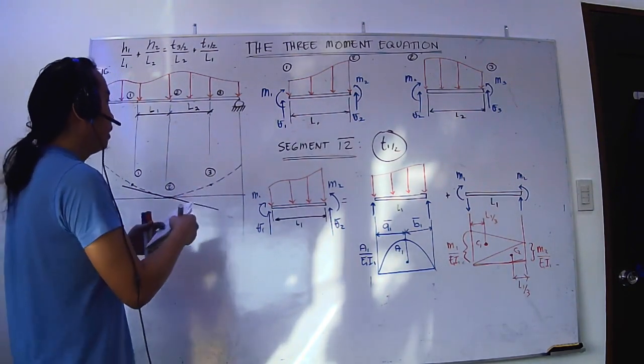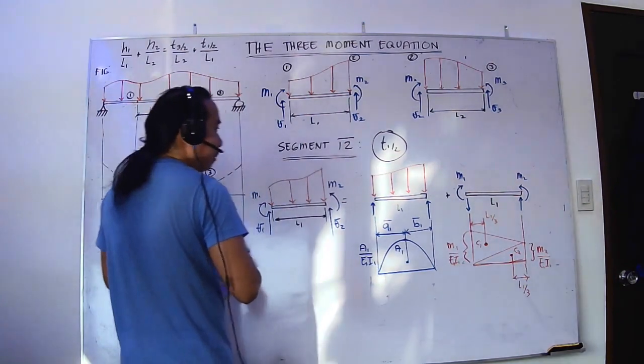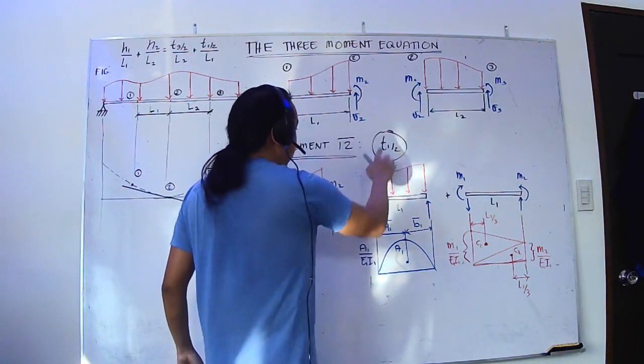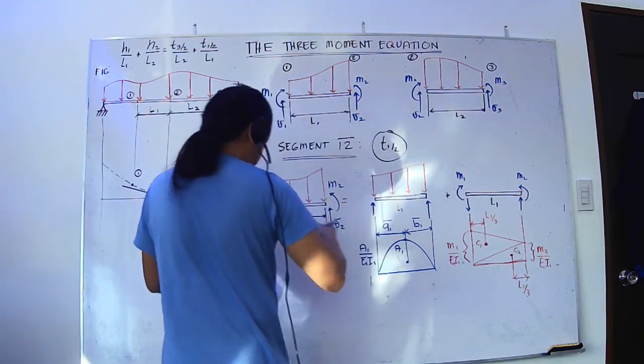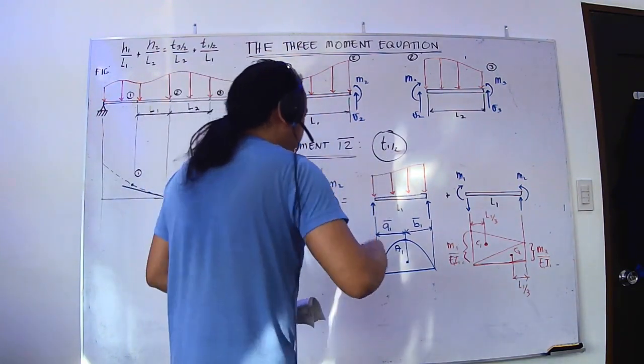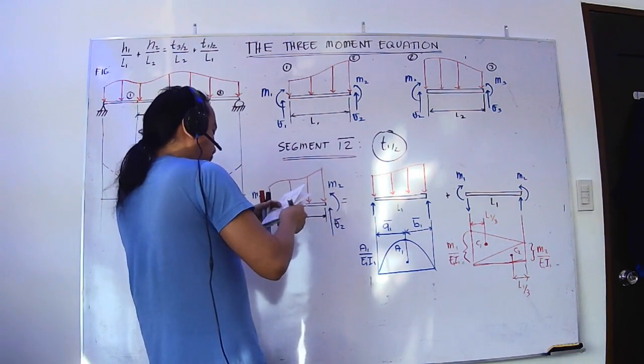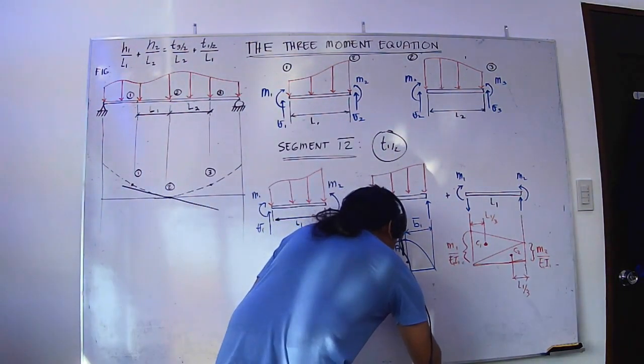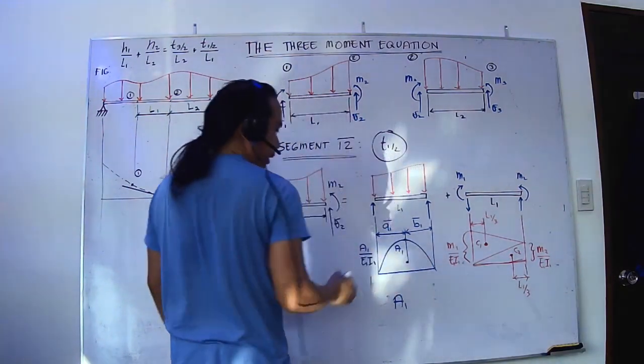Now, in this case, in order to evaluate the T1 quantity, you have to consider the moment diagram. The area of the moment diagram is A1, okay? We compute A1.